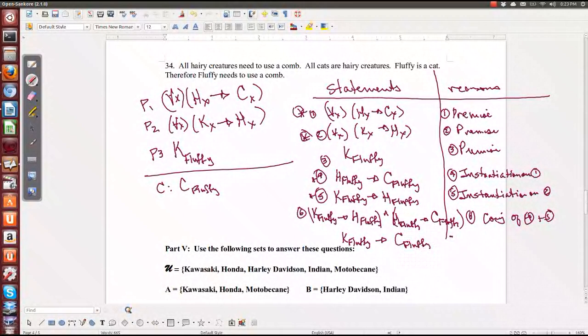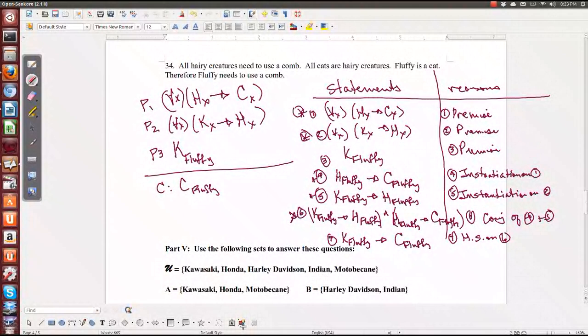And that's by hypothetical syllogism. So that uses up statement 6. This is not my conclusion. So I need to keep going, and I only have two statements left.